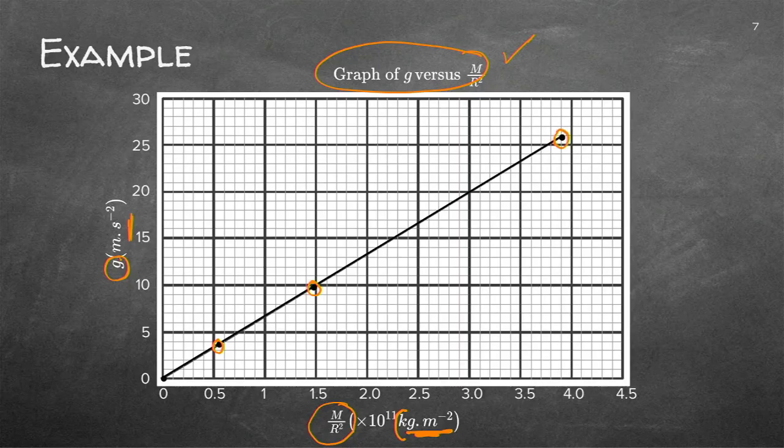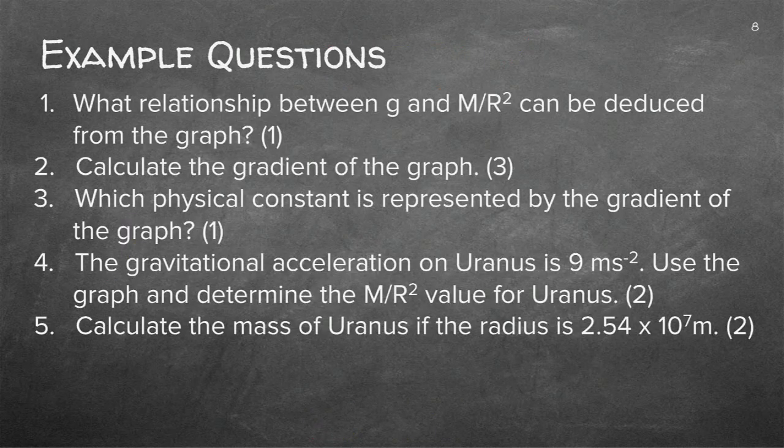What kind of questions will they ask you? Firstly, they ask me, what is the relationship between G and m over r square? So they ask me, what is the relationship between the values on the y-axis and the values on the x-axis? And we'll answer that just now. Then they ask me to calculate the gradient of the graph.